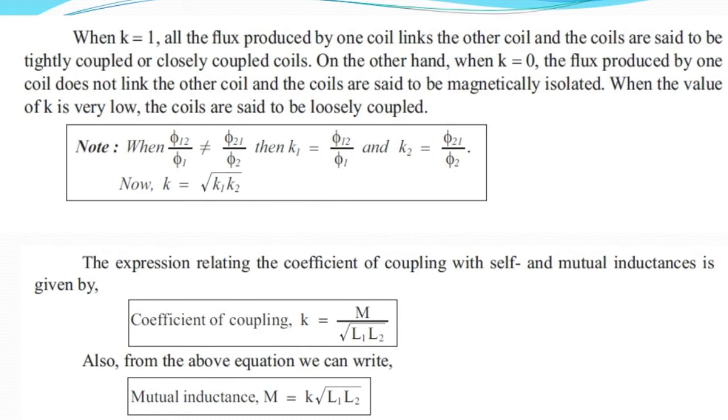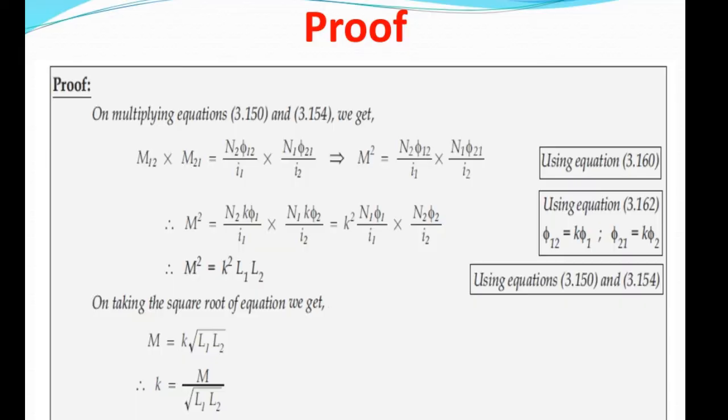We can see the proof now. When we take the equations which we have learnt already, M12 and M21, and multiply these two, we get N2 phi12 by I1 into N1 phi21 by I2.